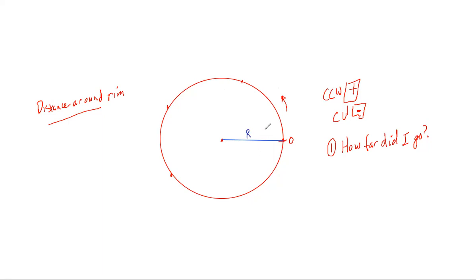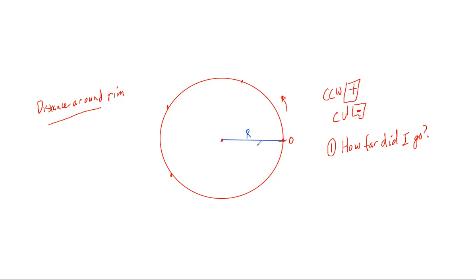We'll call it r. And this might remind you of something called arc length. Okay, and so I want to figure out how far along I went, how much distance, perhaps in terms of meters, perhaps in terms of radians.